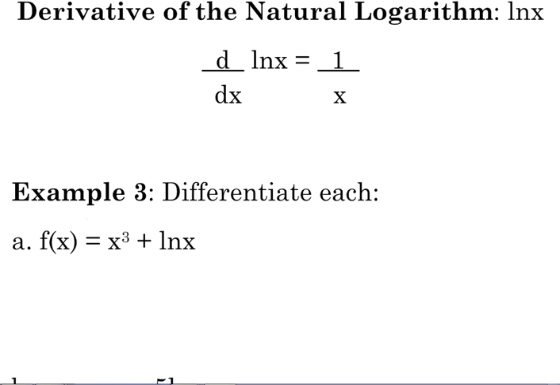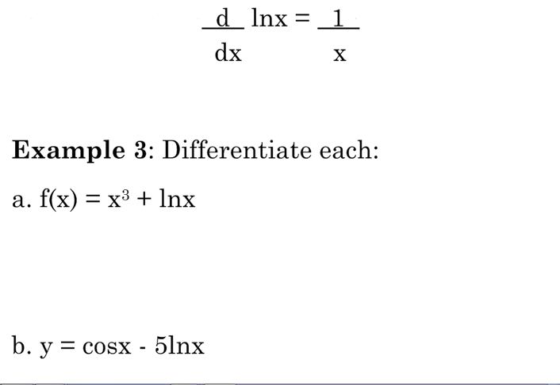So if we want to take the derivative of x cubed plus the natural log of x, then that derivative, f prime of x, would be just a power rule to handle the x cubed, so 3x squared, plus the natural log of x is 1 over x.